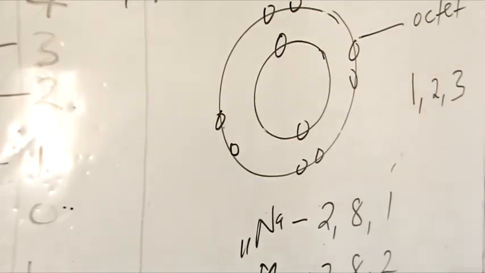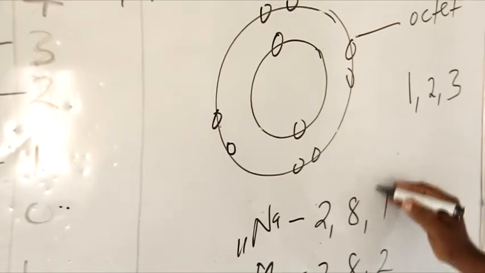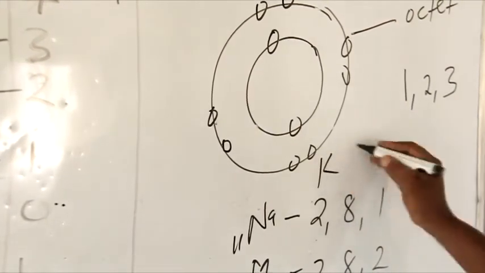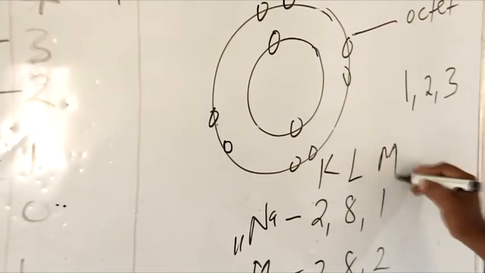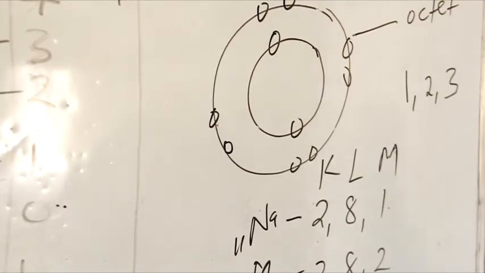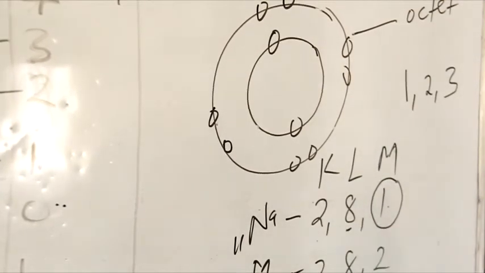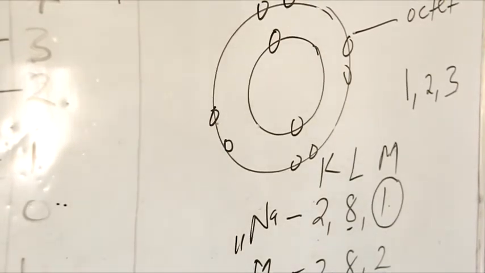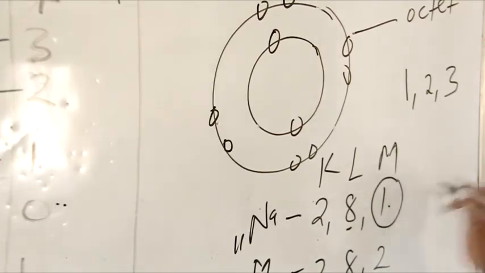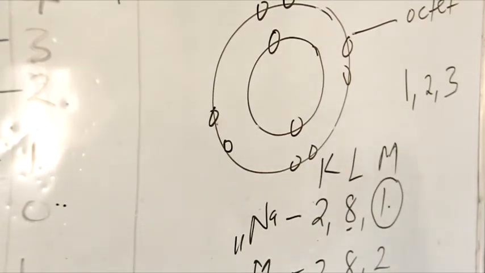For example, sodium's outermost shell has only 1 electron, on the M shell, which is K, L, and M. Sodium gives out 1 electron in order to attain the stable configuration of neon, which is the element before it. And this electron that is given out is the valency of sodium. The same thing with magnesium.